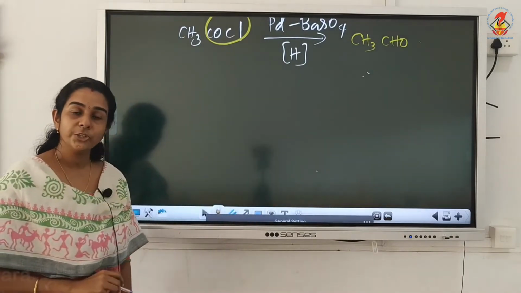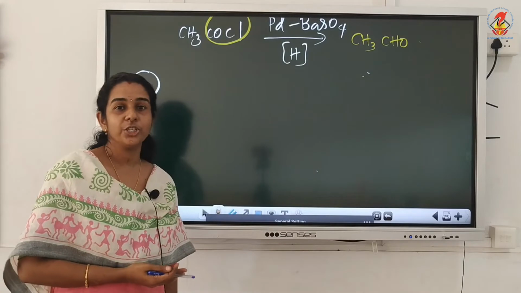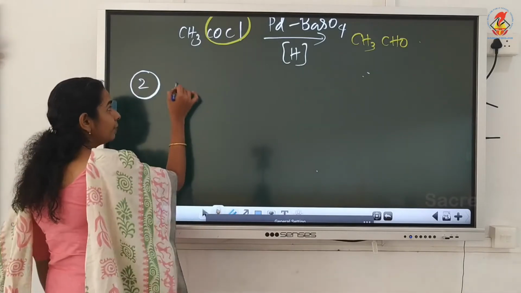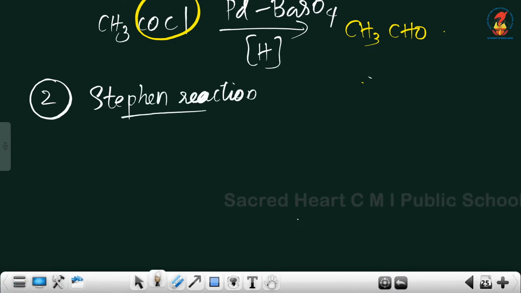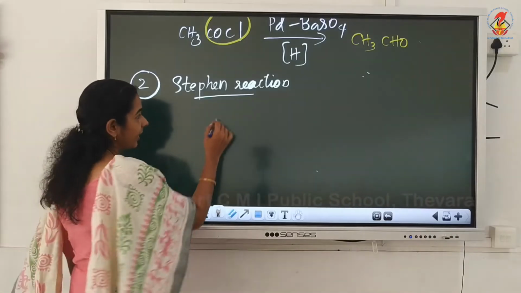Now, the second method for the preparation of an aldehyde, that is a second named reaction, another reduction method for the preparation of aldehyde, that is Stephen reaction. Another named reaction. So first we have to study the reagent.